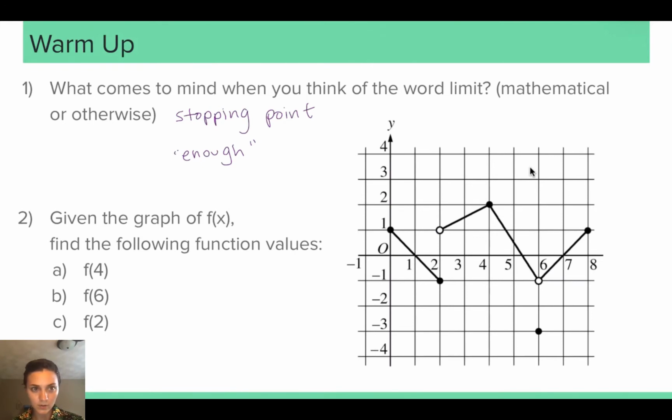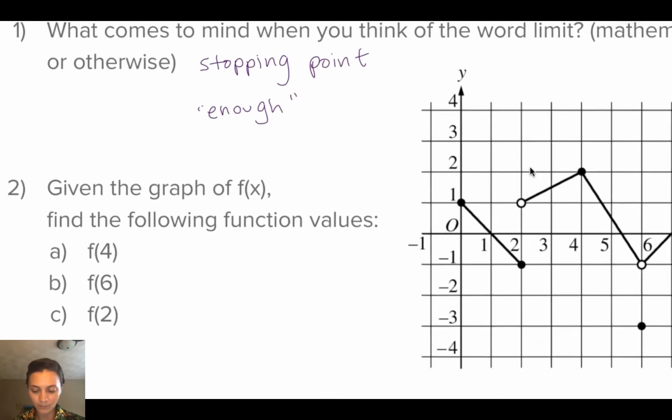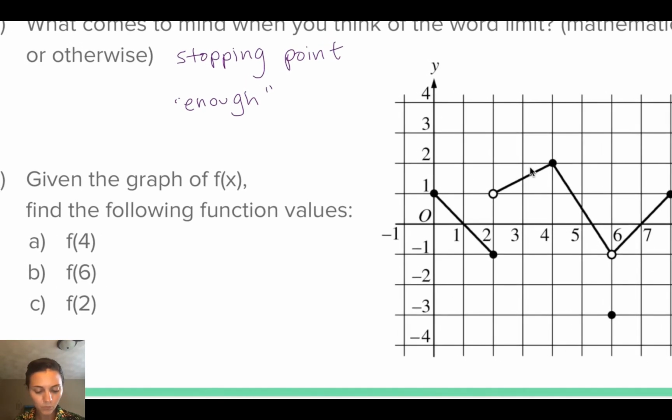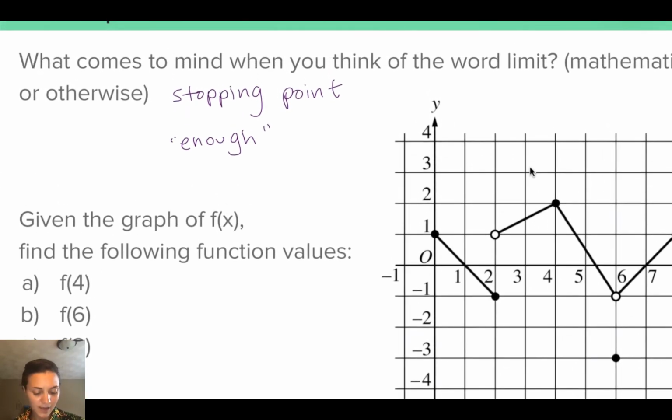So example, or problem 2 in the warm-up. Now here's some math. Given the graph of f of x, find the following function values. Hopefully we all know what this word means.